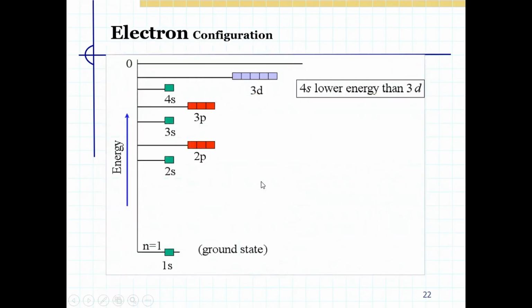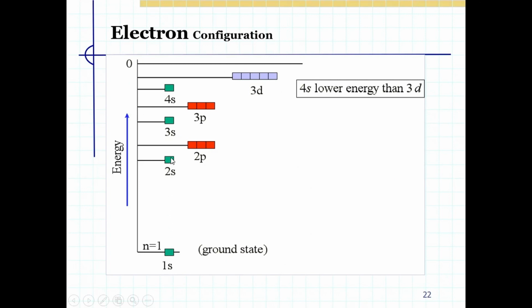The electron configuration, if I sum it up completely, here is the idea that the 1s is at the lowest, the ground state for n equal to 1. Similarly, n equal to 2, and then n equal to 3, and n equal to 4, and so on. I have shown here a greenish region in which I want to stress that the s level can only be filled with 2 electrons, spin up and spin down.